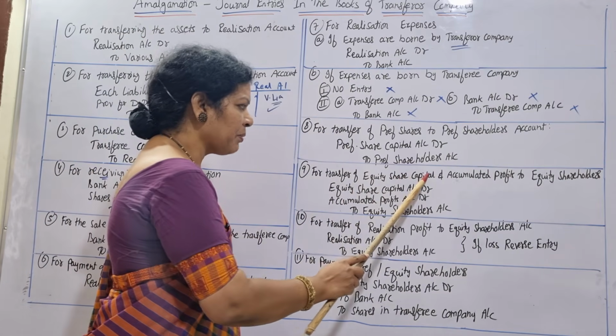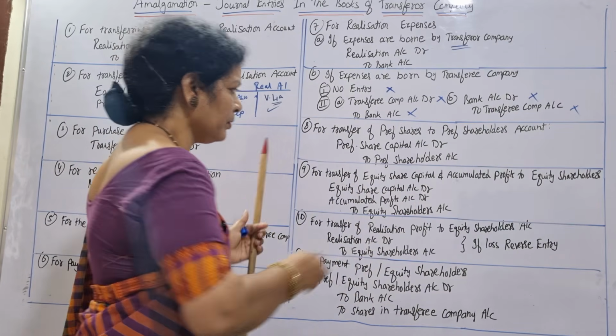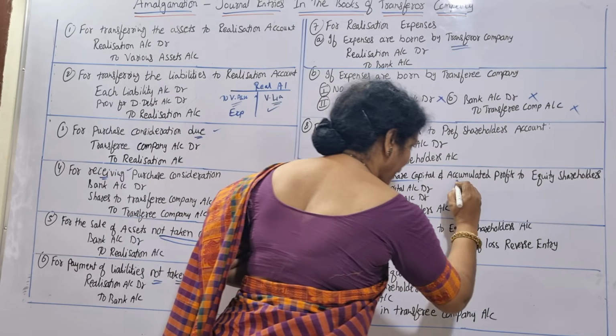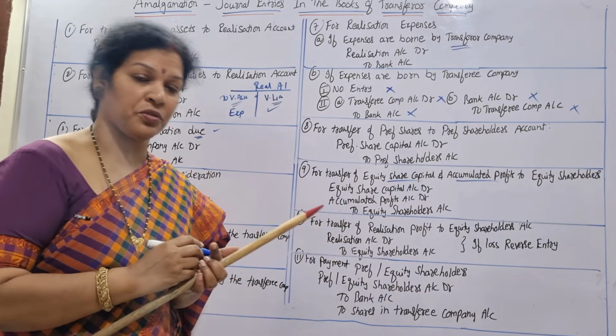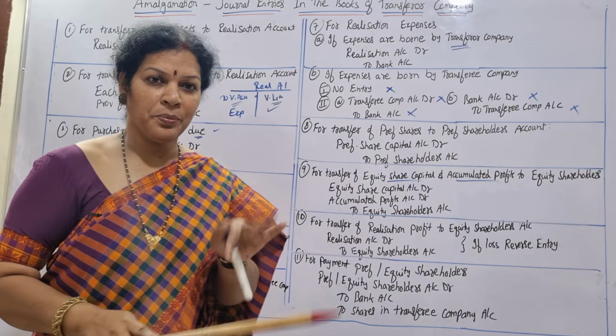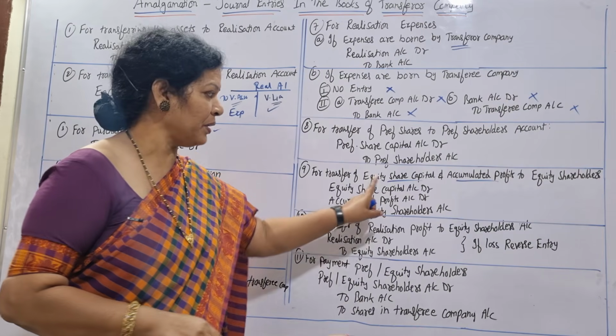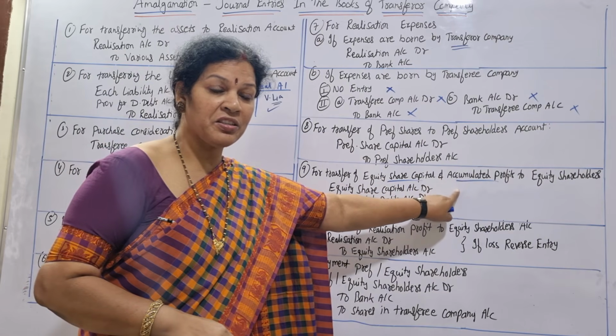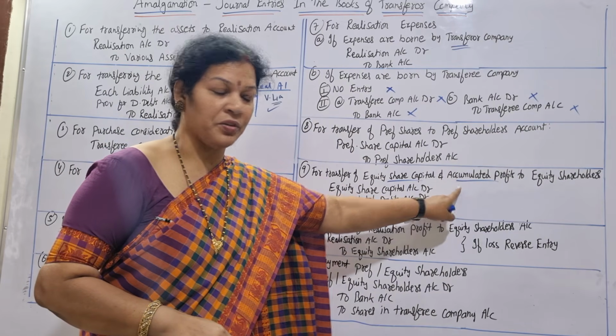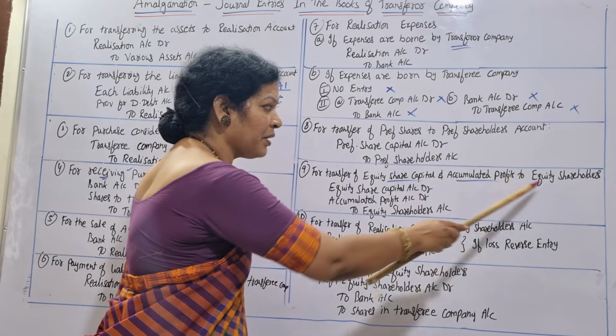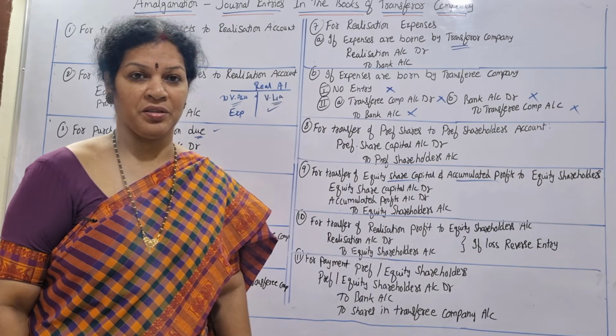For transfer of equity share capital and also accumulated profits, both. Accumulated profits we generally link with equity share capital. Both we are transferring to the equity shareholders.